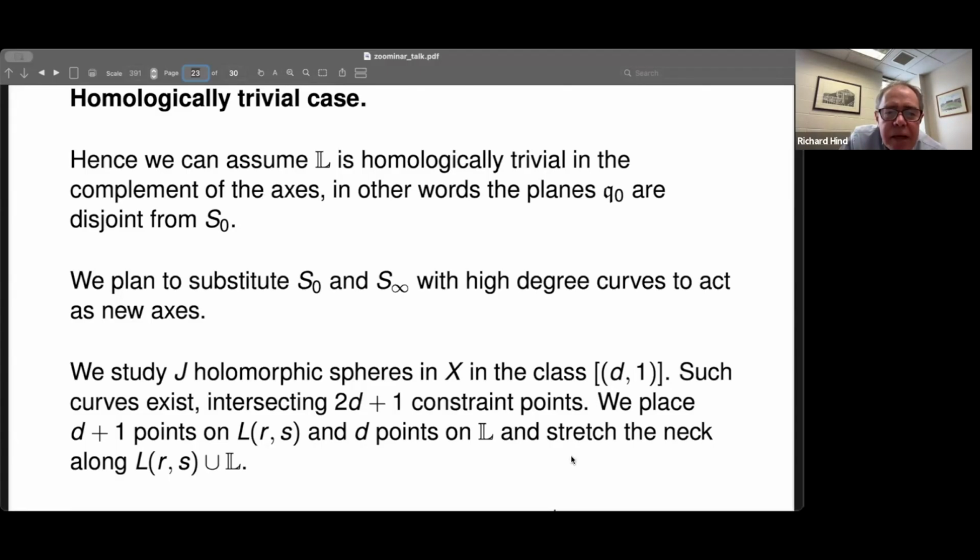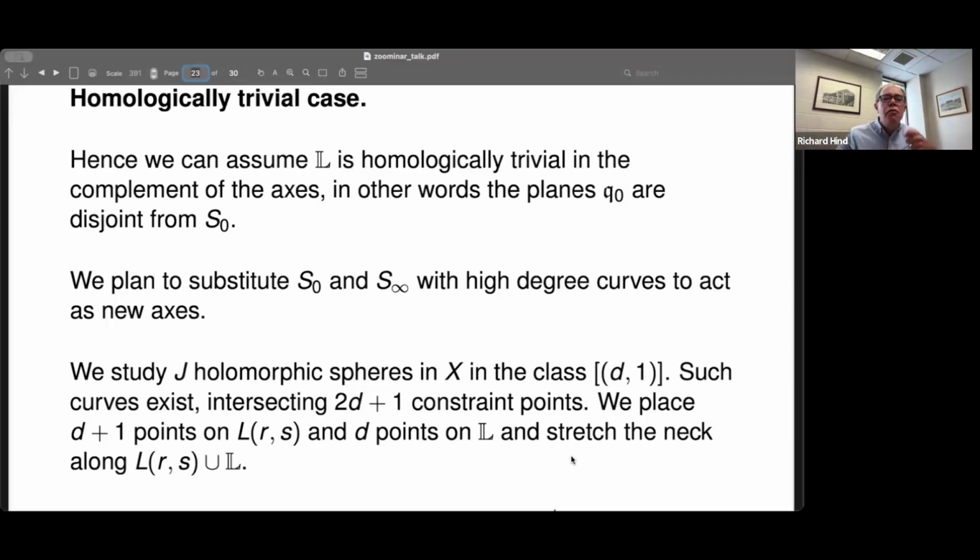So in order to have enough flexibility to get a holomorphic curve where we want it to be, we need to look at curves of higher degree. So in this notation, curves in class D1. These things have much higher index, and maybe there's more flexibility to get them intersecting these planes where we want.